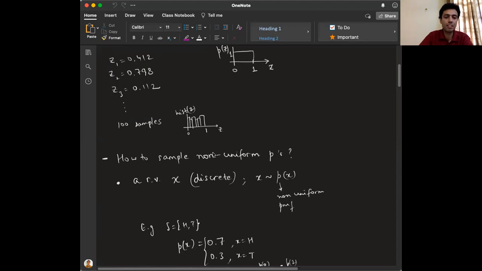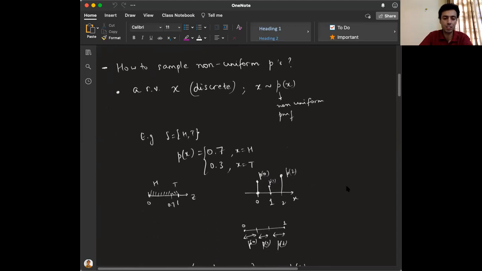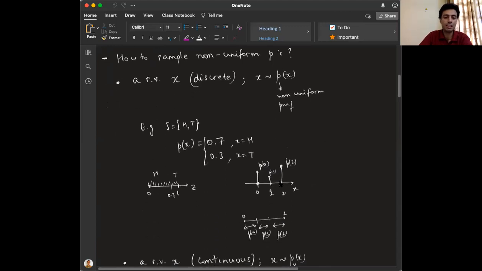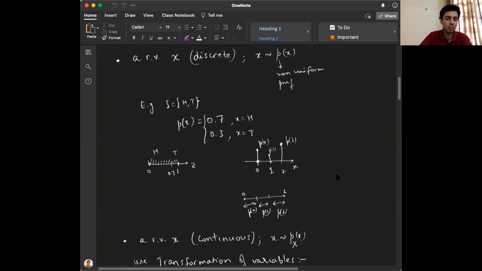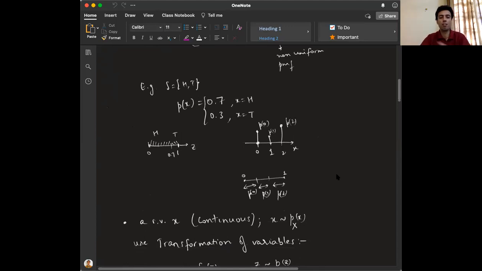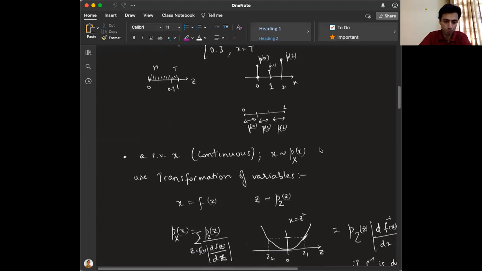Okay, if it is a discrete random variable, then the transformation is very easy. We just do the binning, and each segment will have basically, when my number lies between that range, I choose that bin and output that corresponding discrete label, right?